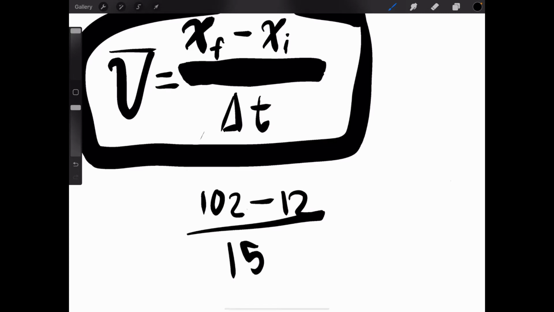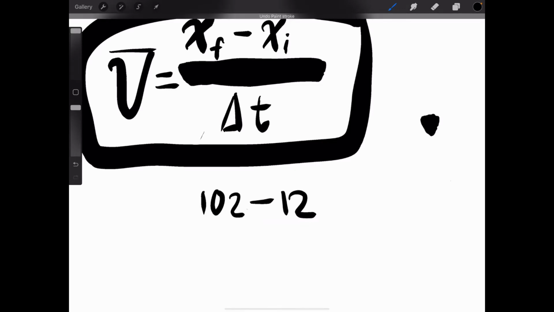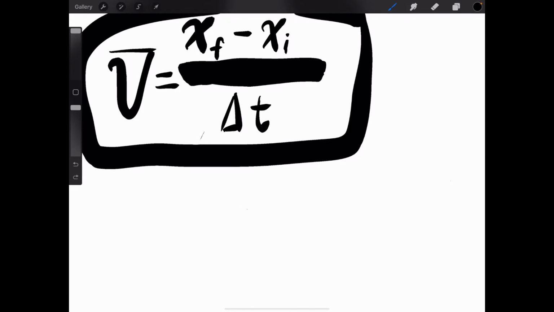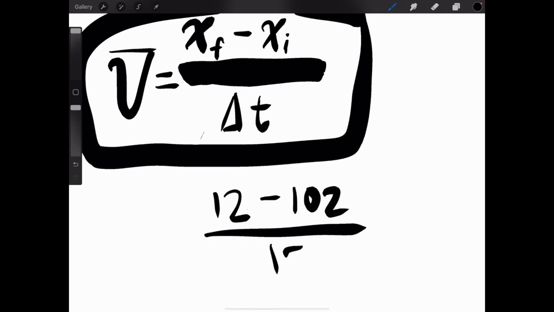So, this is the displacement, the final position minus the initial. Oh, I'm wrong! The 102 mark was the initial, but the 12 mark was the final. This is a little confusing, but we'll get over it with math.